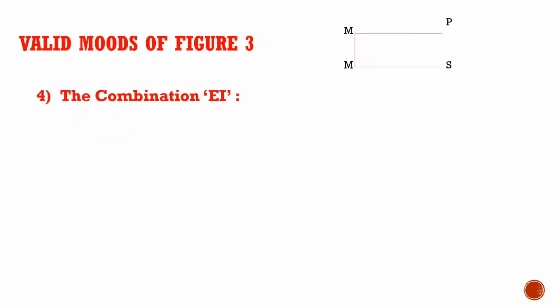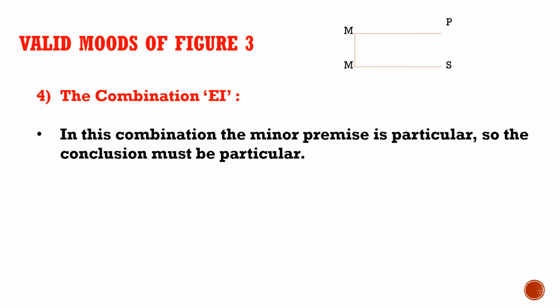Now we come to the valid mood of figure 3, fourth combination, that is EI. You can see here that the conclusion has to be particular as per the rule, and the minor premise is also particular, so the conclusion will be a particular proposition.